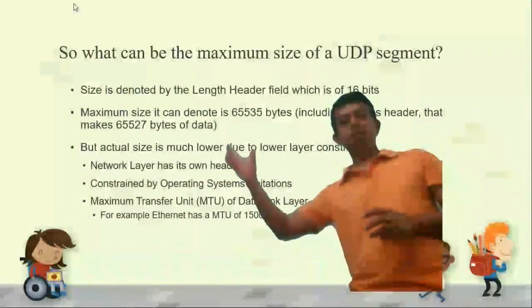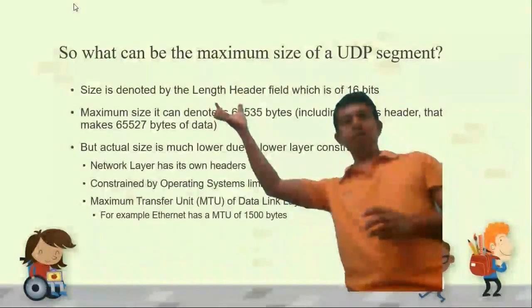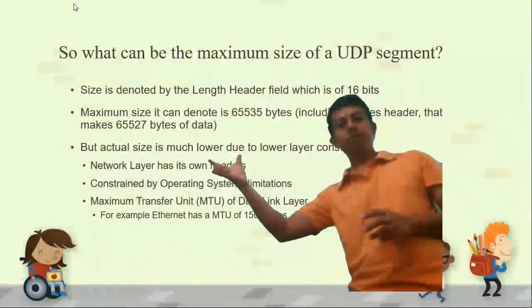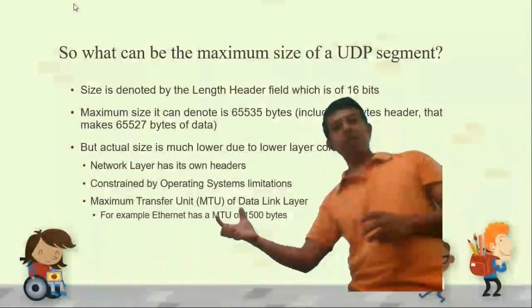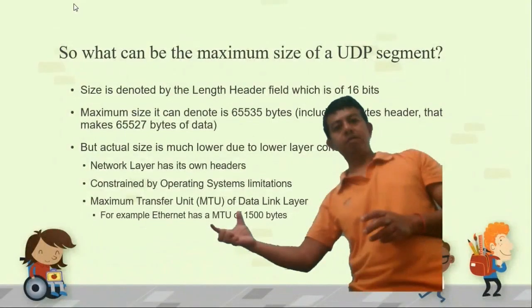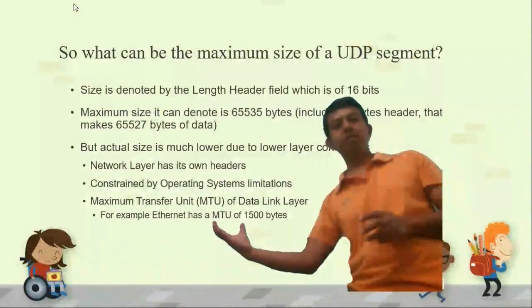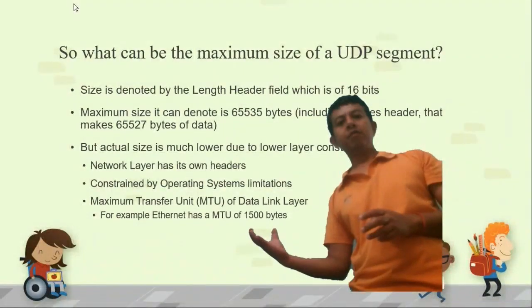That means the segment created by UDP goes to the network layer, which inserts its own header, then it goes to the data link layer, which inserts its own header. The final segment that can be transmitted over Ethernet can be at most 1500 bytes.